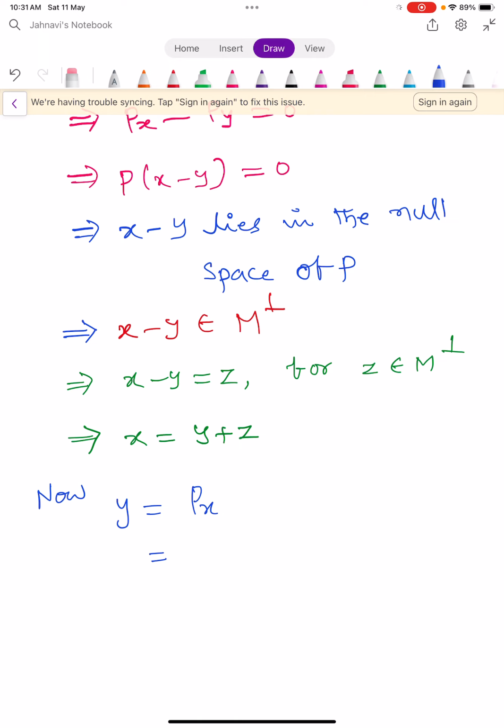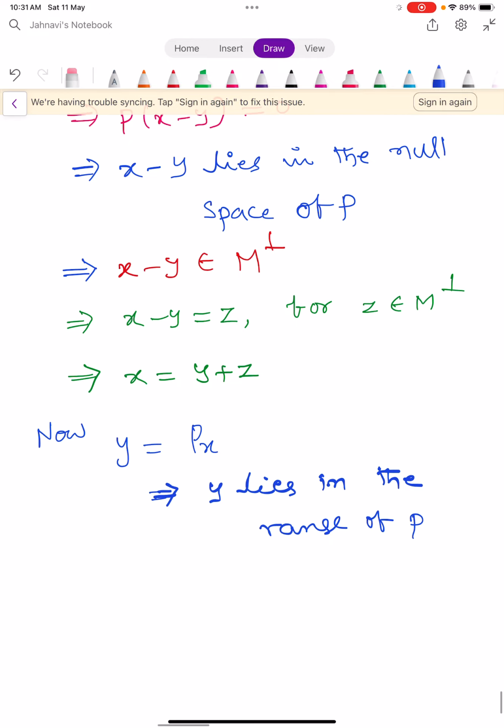This condition gives us y lies in the range of P. Y lies in the range of P means that y belongs to capital M. But we expressed that x is equal to y plus z.